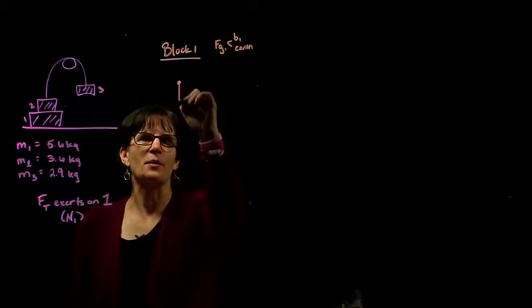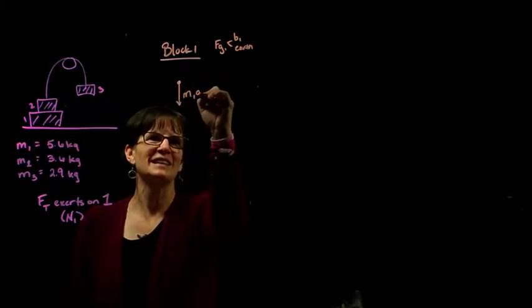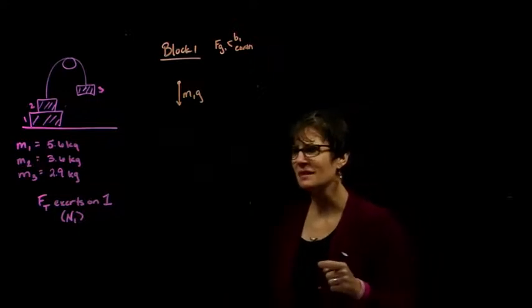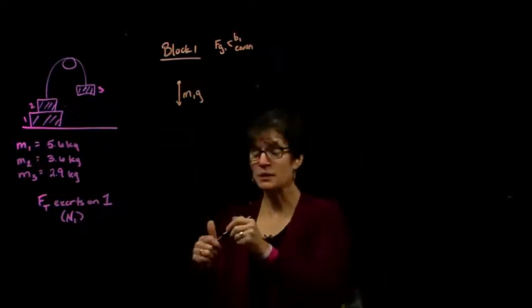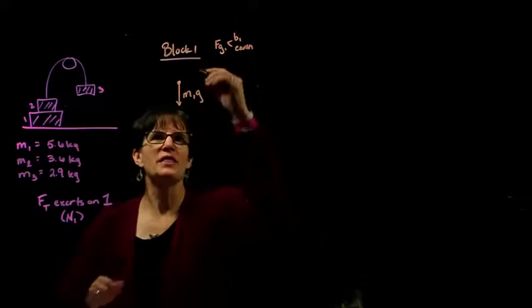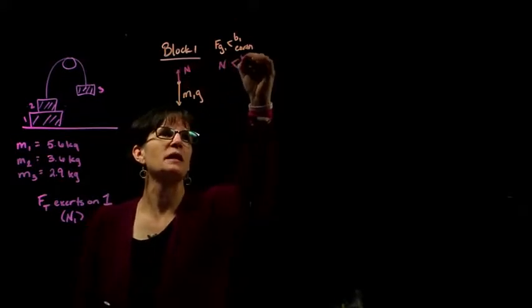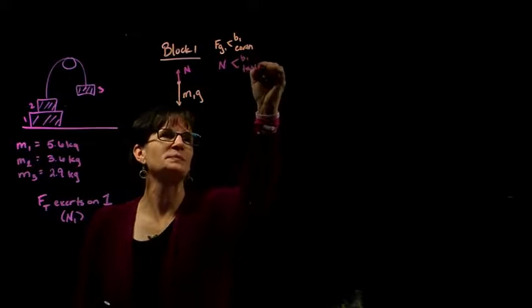And we know that that points in the downward direction, and it's equal to the mass of block 1 times gravity. Okay, well, the block is also interacting with the table, so we have that normal force. So that's between block 1 and the table.